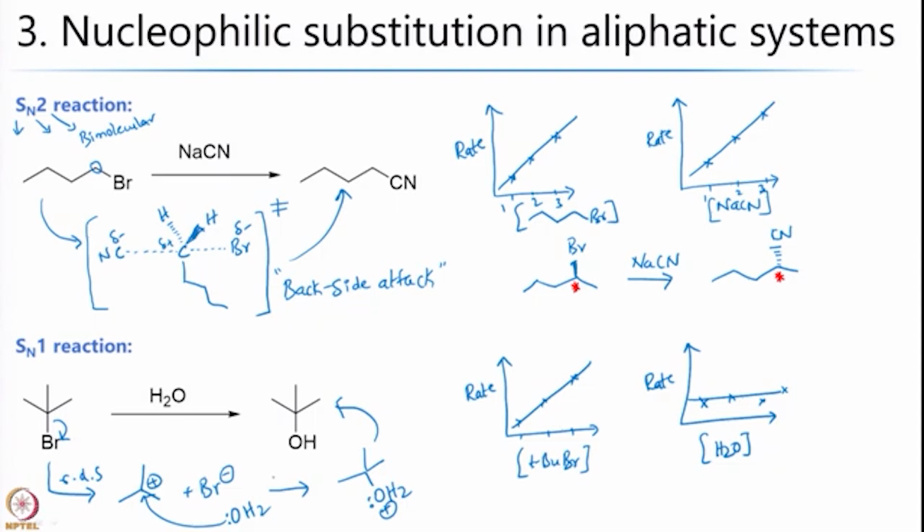This next step is what is typically called fast, that is, fast compared to the previous step, right. This is another typical example where one can convert a bromide to an alcohol or any other kind of substituted product. And I hope this has given you an idea or a flavor of what are called substitution reactions.